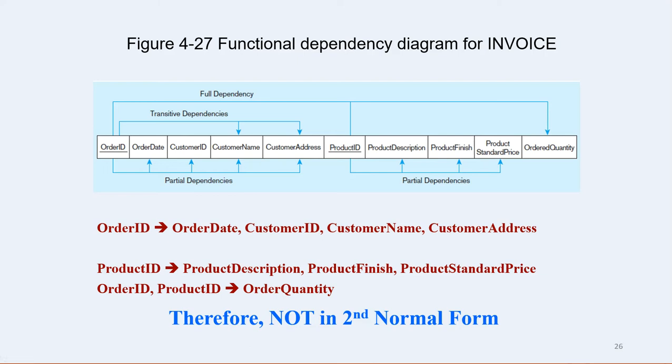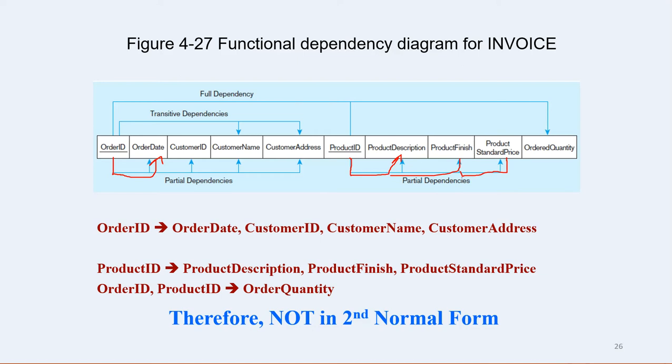Then you start asking which attributes are fully dependent on, or determined by, some other key. Order ID is the determinant of, of course, order date. Customer ID, I'm going to skip for a minute. Product ID is the determinant of product description, product finish, and product standard price.